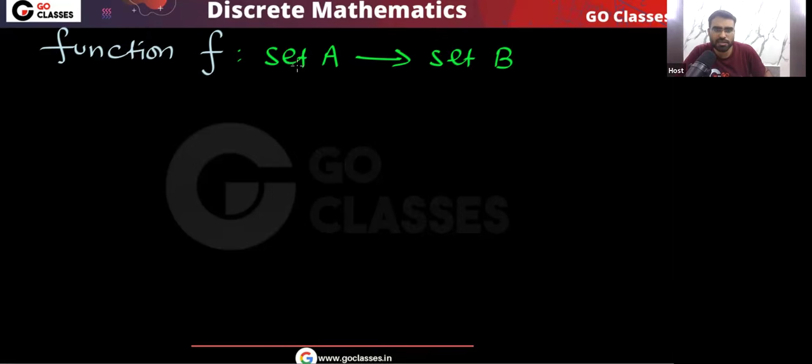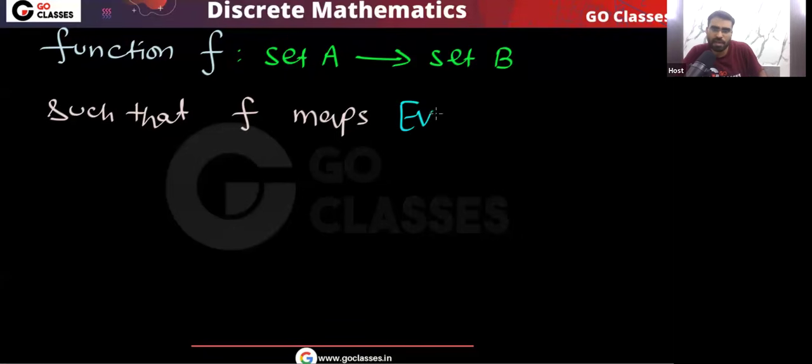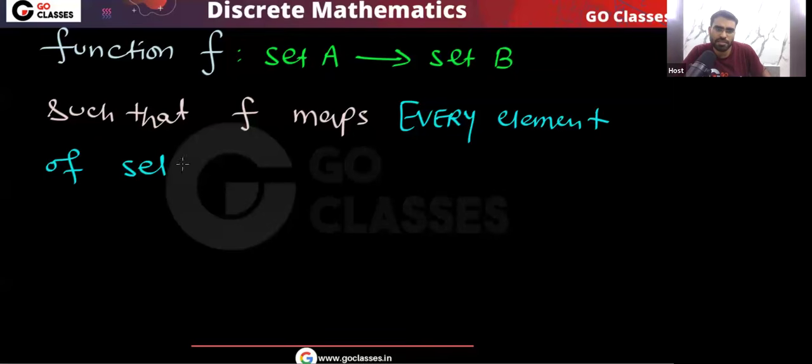So remember, a function is a structure from one set to another set, such that this f maps every element of set A individually.